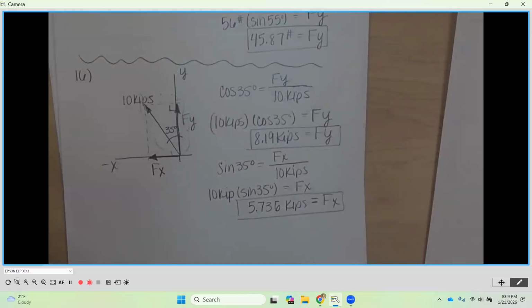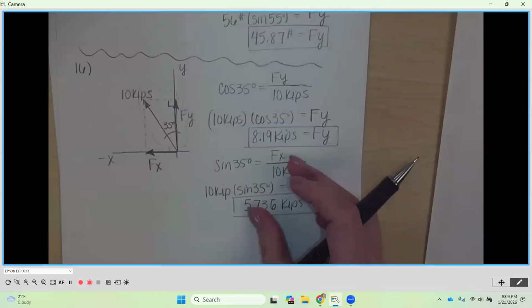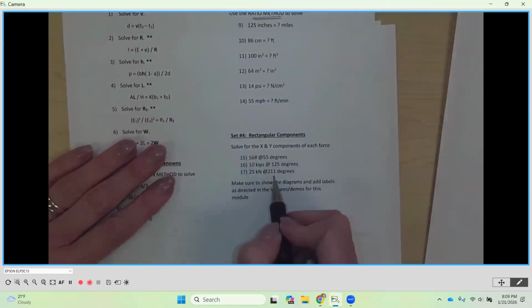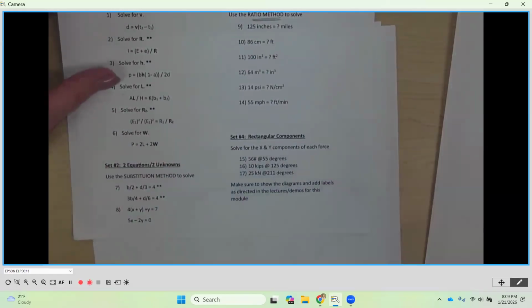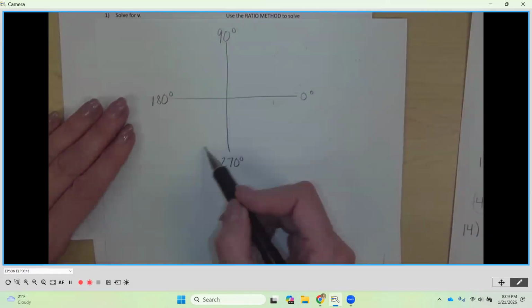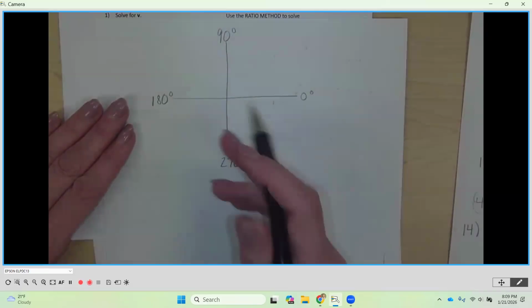Okay, our last problem. I know. Sad stuff. Number 17. Okay. Number 17 is 25 kilonewtons at 211 degrees. So if we look back at our coordinate system, we're past the 180, we're down in the 3rd quadrant.